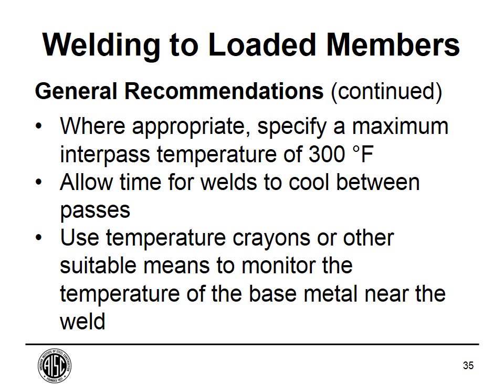They should really be doing that anyway to measure the maximum interpass temperatures. The temperature crayon is exactly what it says. I'm not even sure if they're actually using this technology anymore, but you just mark with the crayon in different colors, and if that crayon melts, then the temperature that crayon is meant to measure, if it melts, then it's above that temperature.